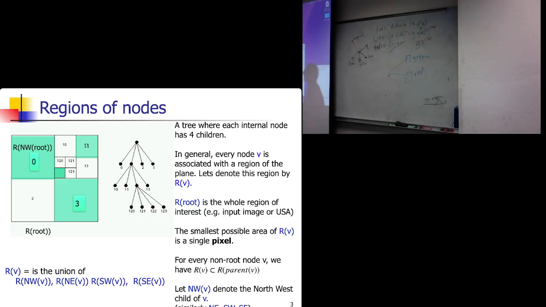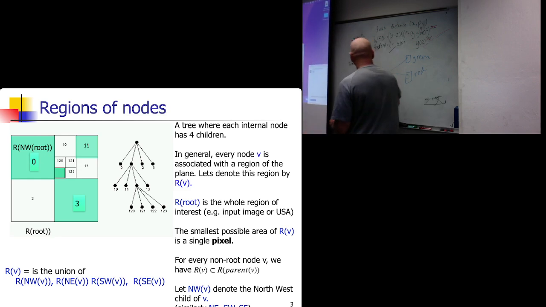Now, a QuadTree will have the property that every node, like lots of other hierarchical data structures that we'll see, has a range. I call this range R of V. In the book, it is sigma of V. It's the same thing.